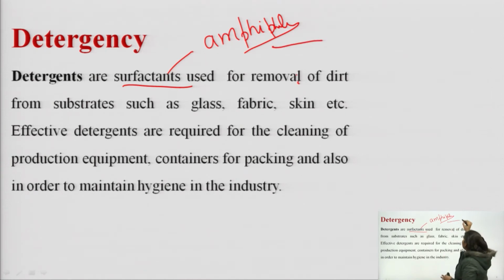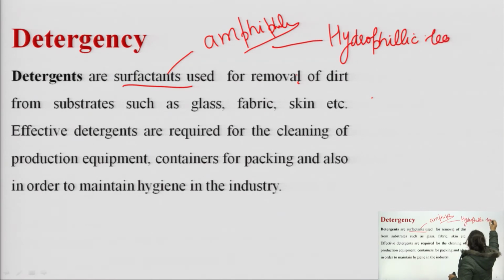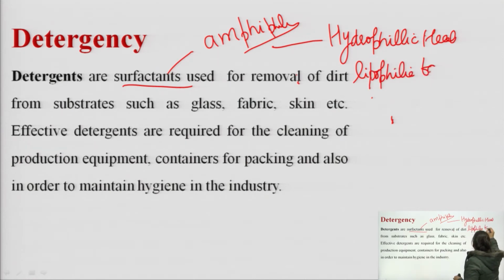Okay. This consists of hydrophilic head and lipophilic tail or hydrophobic tail. Okay. Basically, this is the structure of a surfactant which contains hydrophilic head.